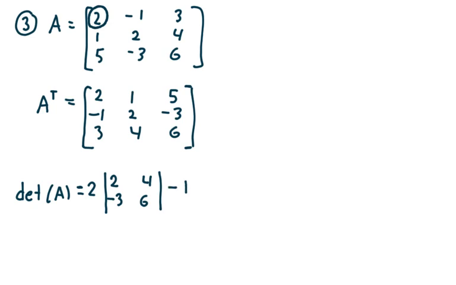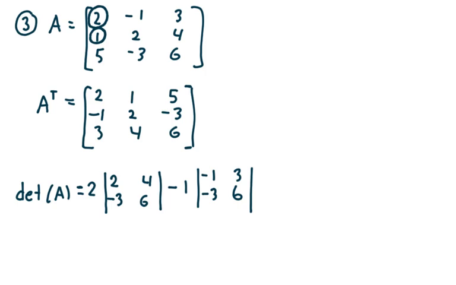I'm going to go -1 times, because the second entry in the first column of A is a 1. If I delete the row and the column that contains that 1, I'm looking at the determinant of -1, 3, -3, 6.